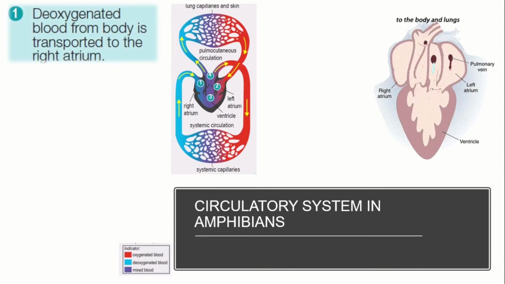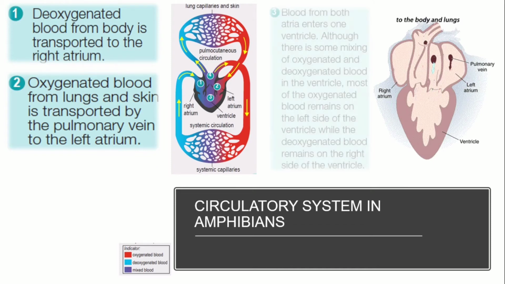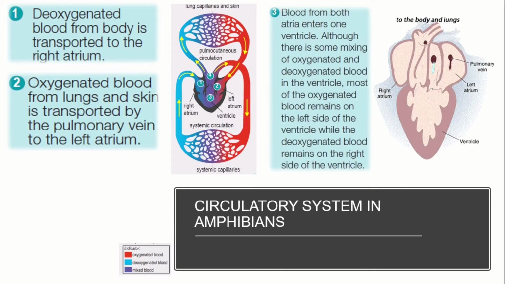Referring to the diagram, number 1 shows the deoxygenated blood from the body is transported into the right atrium. Then, the oxygenated blood from the lungs and skin is transported by the pulmonary vein to the left atrium. Number 3, the blood from both atria enters one ventricle.